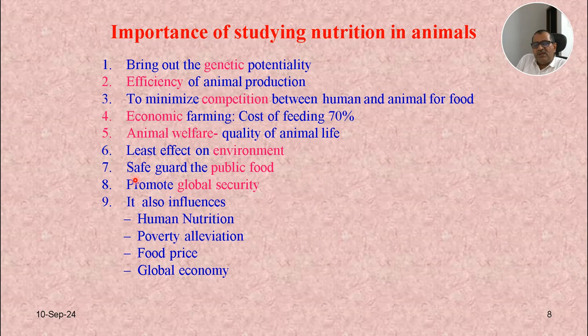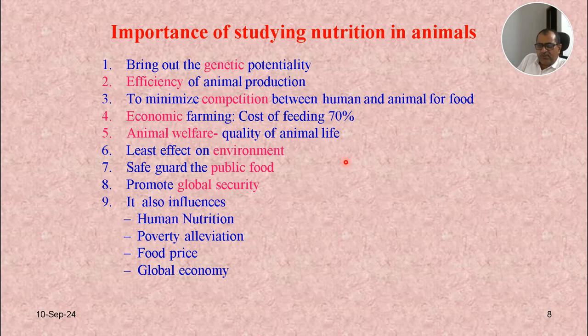So the seventh one is to safeguard public food, because 75% or more of the people on this earth are non-vegetarians. Hence, we need to provide them very good, hygienic food, free of bacteria or contamination, especially from animal origin.